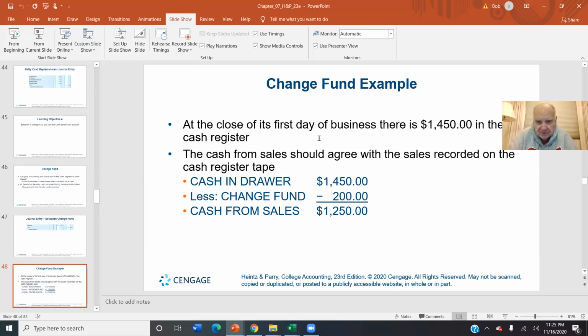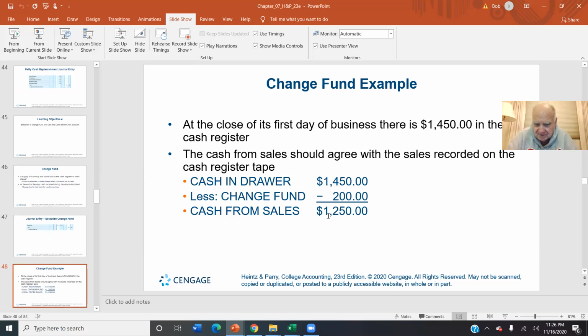Here we go. At the end of the day, there was $1,450 in cash in the cash register. We're not talking about credit cards now, just cash. Well, we had $1,450 at the end of the day, but we know we started off with 200, right? So that $1,250 is the amount of cash that increased.